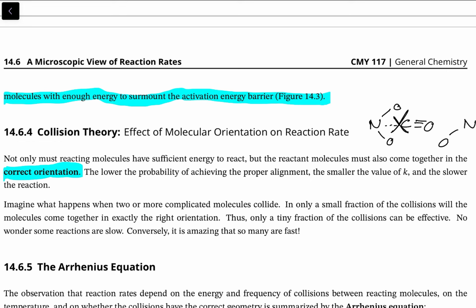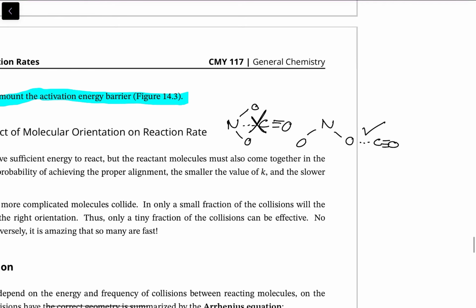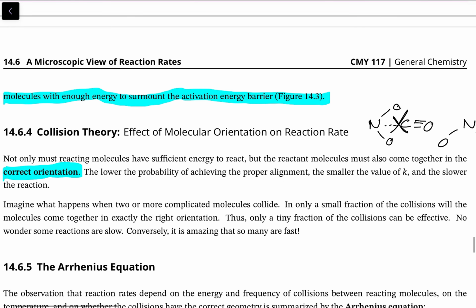And now imagine if you had more than two molecules reacting and all of them have to have the correct orientation. That then also dictates the fraction of collisions that are correct. Because it's not only the collisions and the activation energy, it's also this fraction of molecules that have to have the correct orientation.